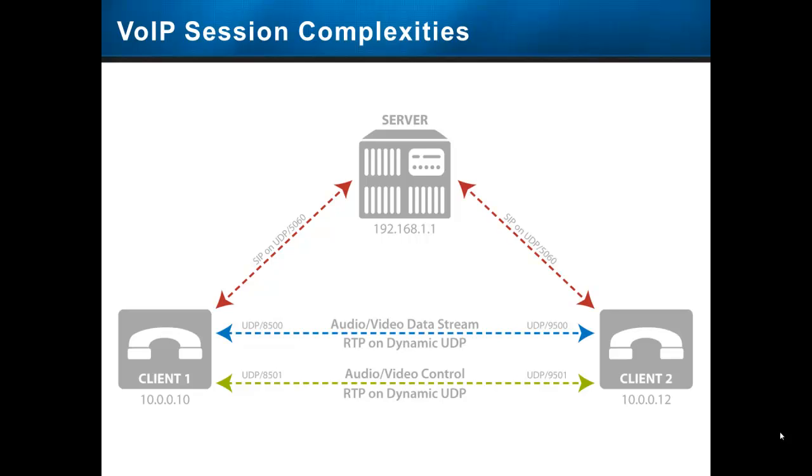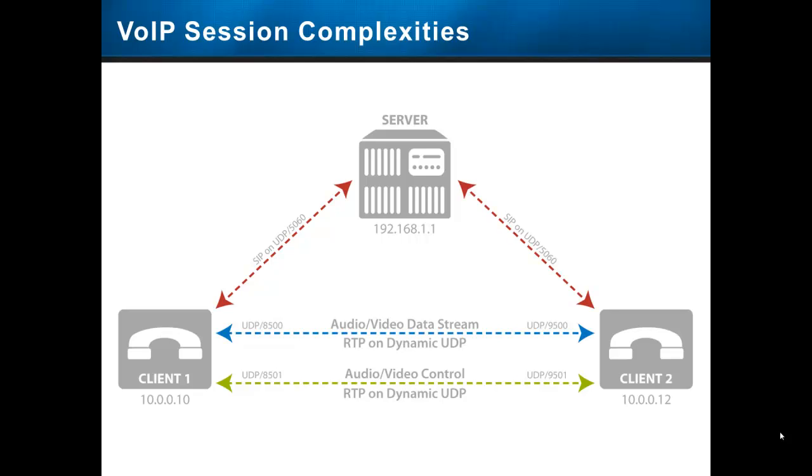Now, when we're talking about unified communications, obviously one of the most critical applications within that domain is the voice over IP component. Voice over IP actually leverages a fairly complex underlying application communication scheme. We begin by having the two different clients that will be involved in the communication, Client 1 and Client 2, as well as a centrally located server, which will act as the call manager in this communication.